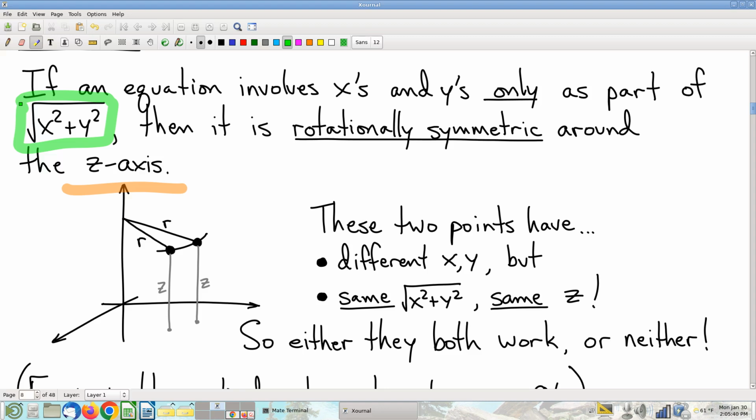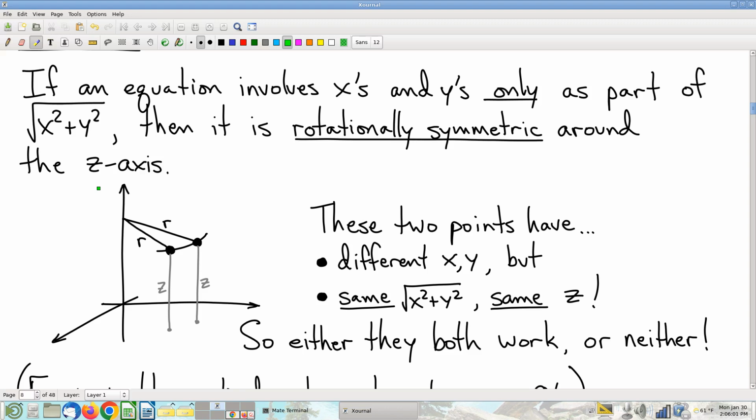Now, I claim, though, that there are analogous results, analogous theorems that you can state about rotational symmetry around the x-axis, rotational symmetry around the y-axis. And by sort of pattern recognition, you could probably guess what those statements are.